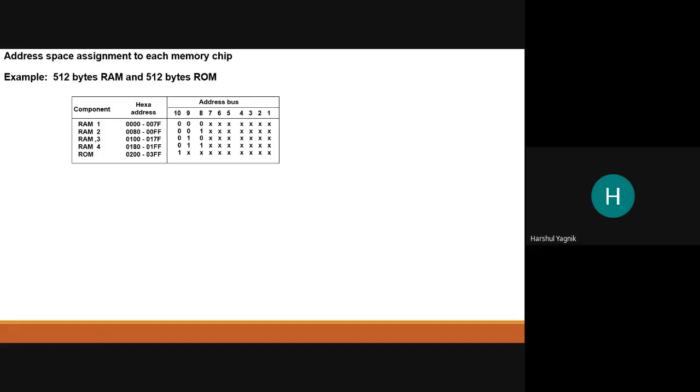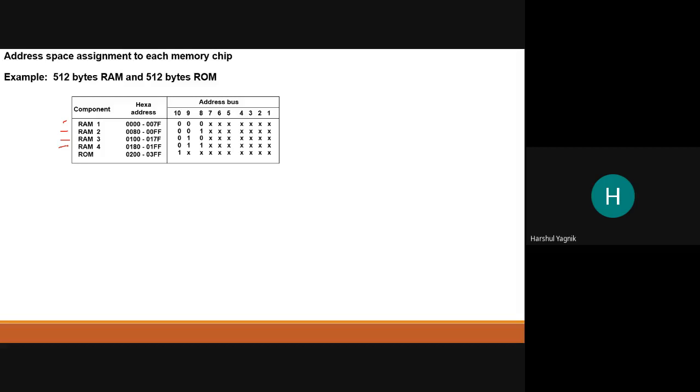Now you see how addresses are assigned to each of the memory elements in the chip. Consider that we have 512 bytes of RAM and 512 bytes of ROM. RAM of 512 is 128, 128, 128, 128, like that.